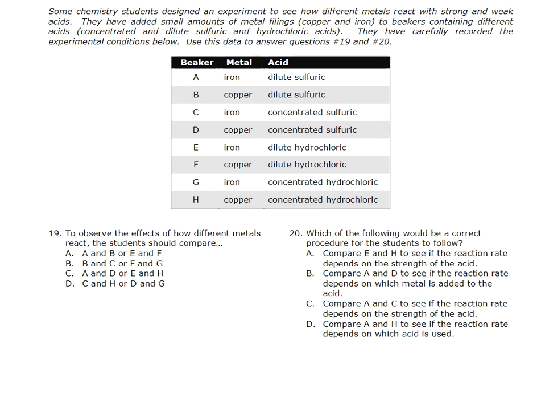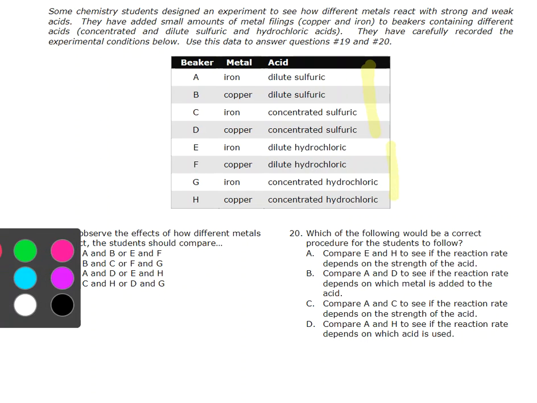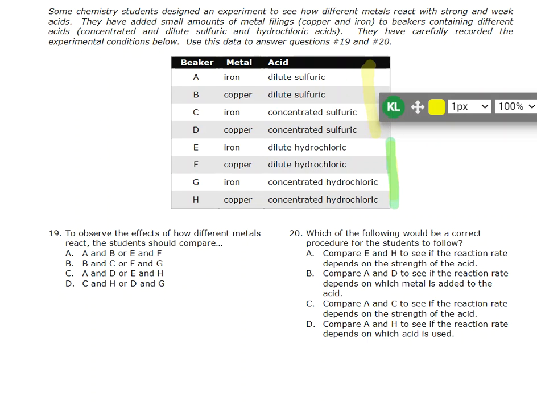So the top right here, that's giving us the sulfuric acid, and the bottom is hydrochloric. So A, B, C, and D compares sulfuric acid, both dilute and concentrated, and E, F, G, and H are using hydrochloric.